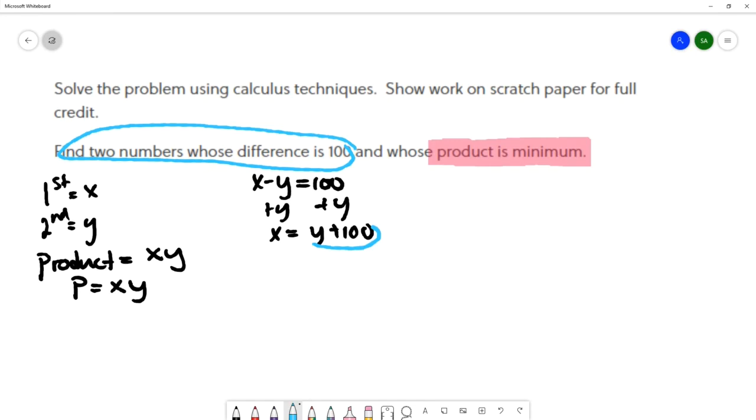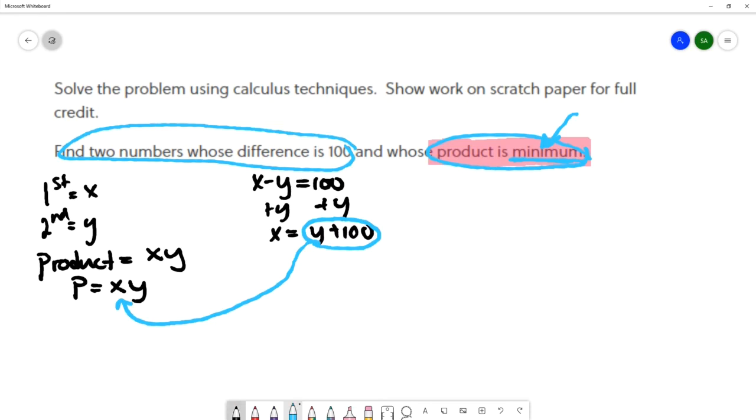We're going to take that information and substitute it into our primary equation, the equation that we want to do the calculus on. I know that this is the equation I want to do the calculus on because it says we want to find the minimum value. It could also be the maximum, largest, smallest.